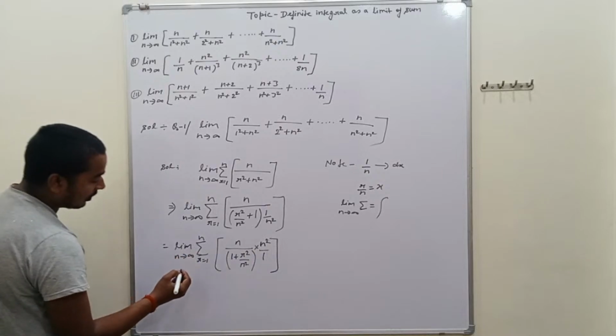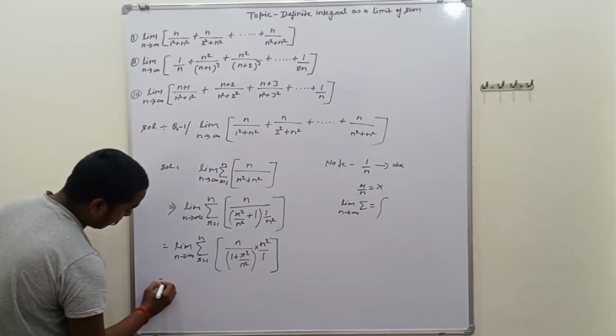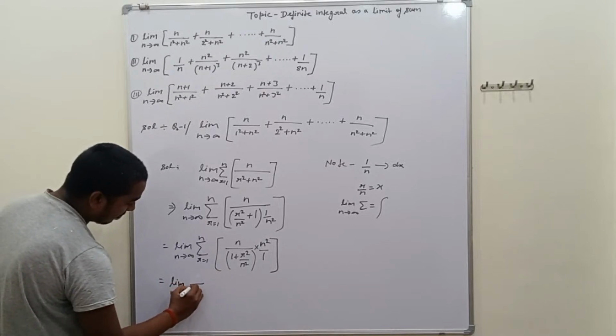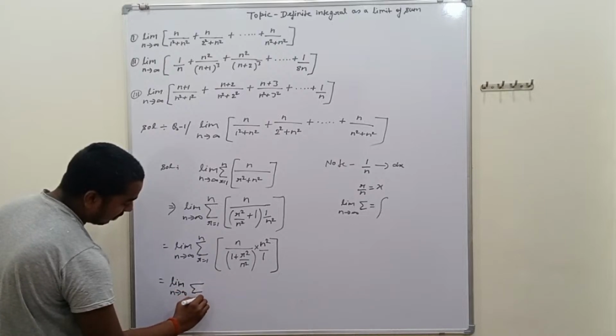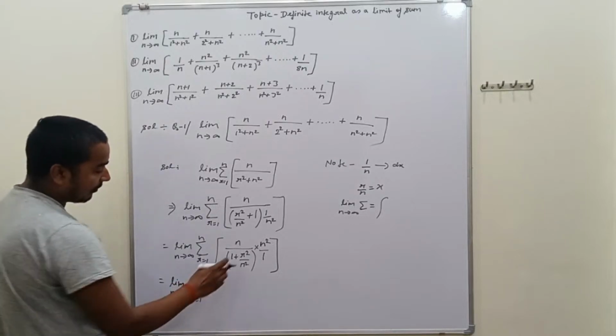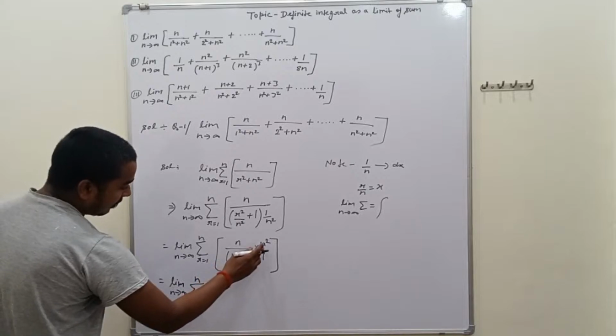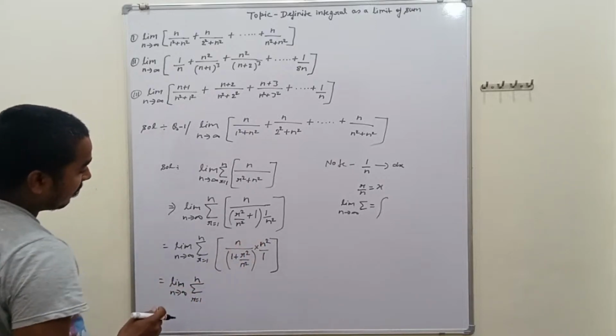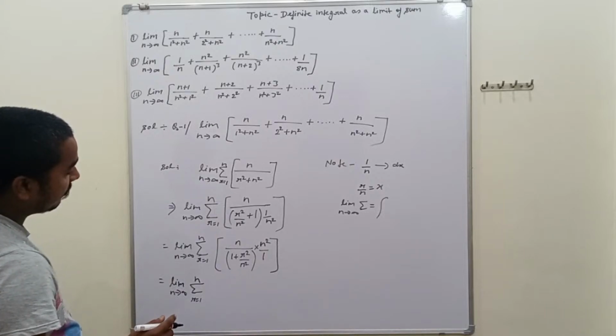Further we solve the limit of n tends to infinity, summation r equal to 1 to n, and from here we also take n cube.